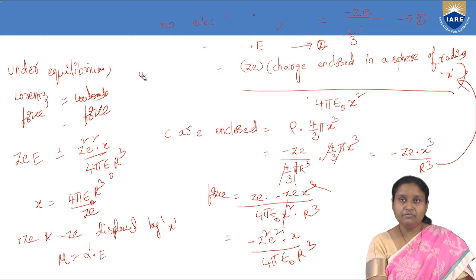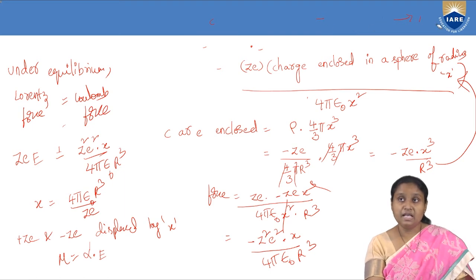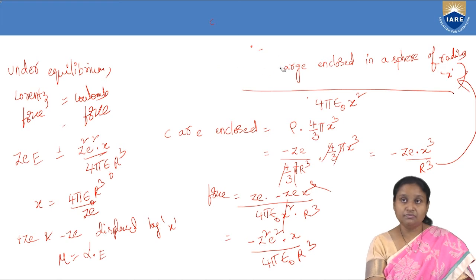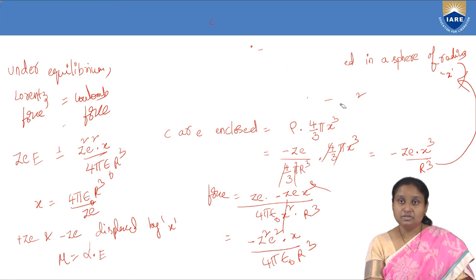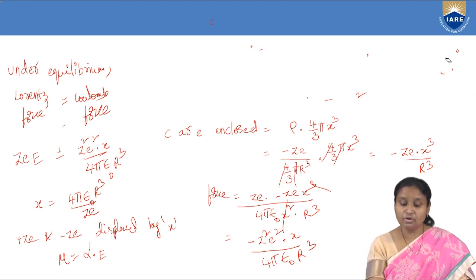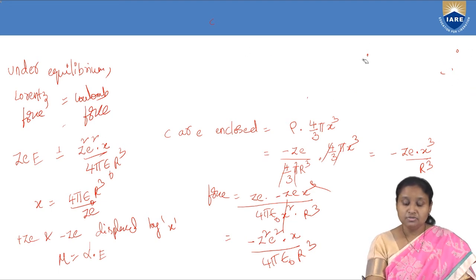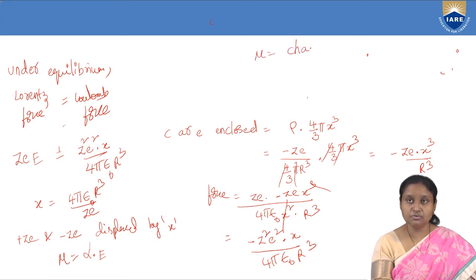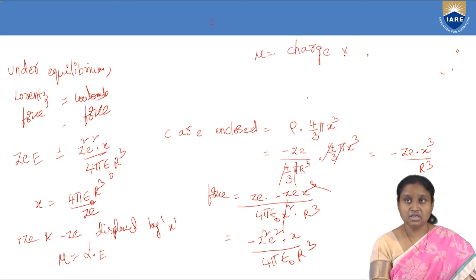When we have a dipole and there are charges separated, then the dipole moment is given as charge into distance between charges. So mu is equal to charge into distance between charges.